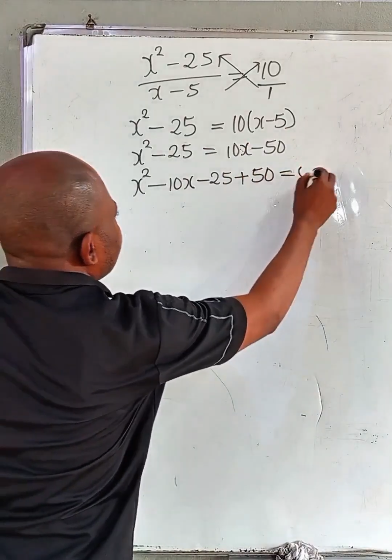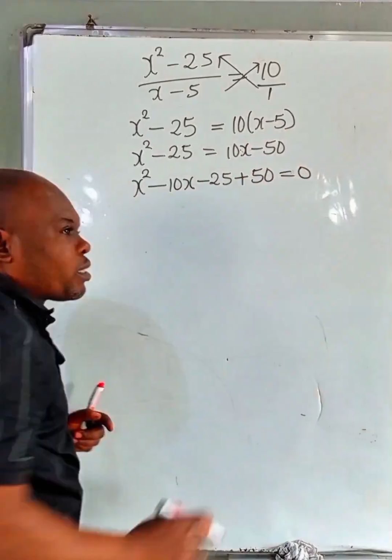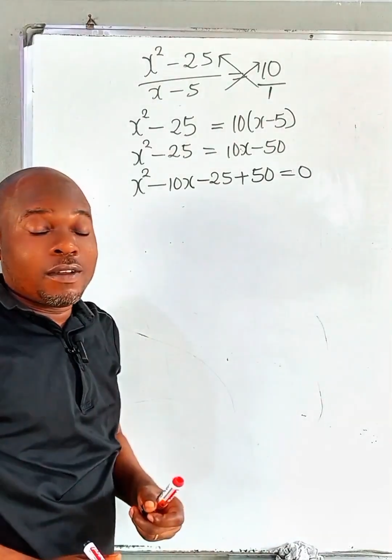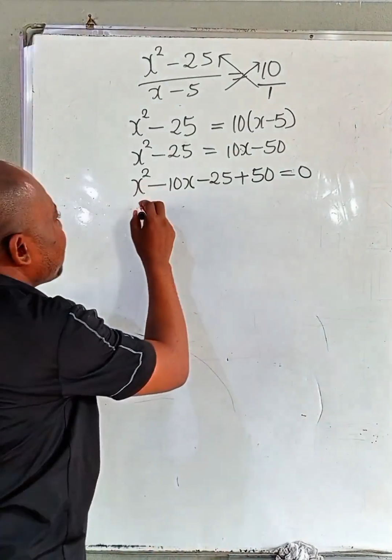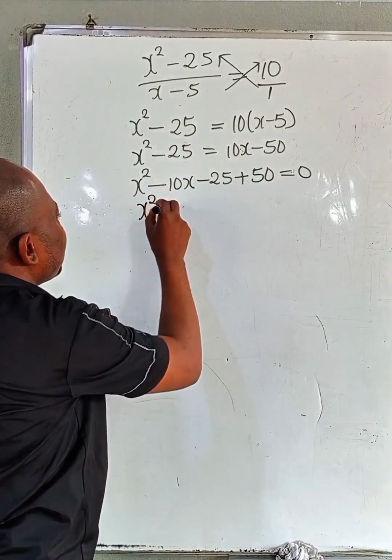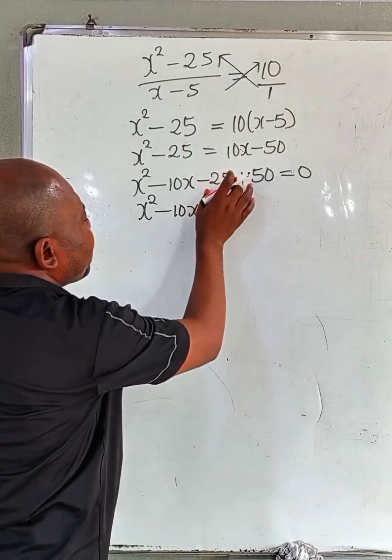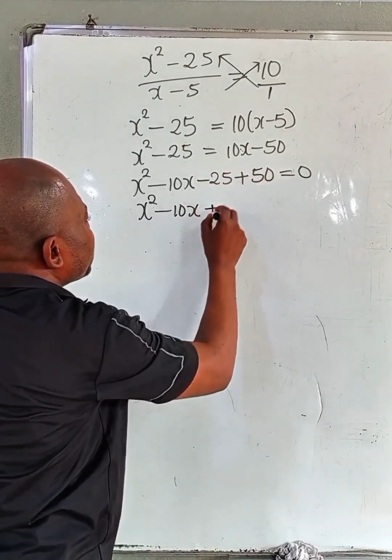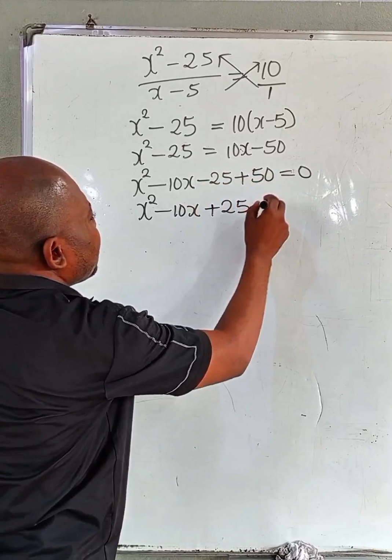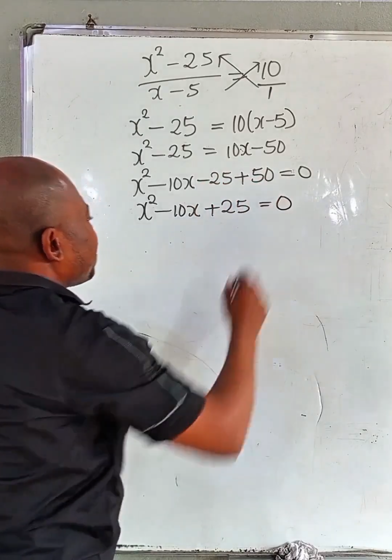We equate it to 0. It is now a quadratic equation form. So we have x squared minus 10x minus 25 plus 50, which gives us plus 25, equals 0.